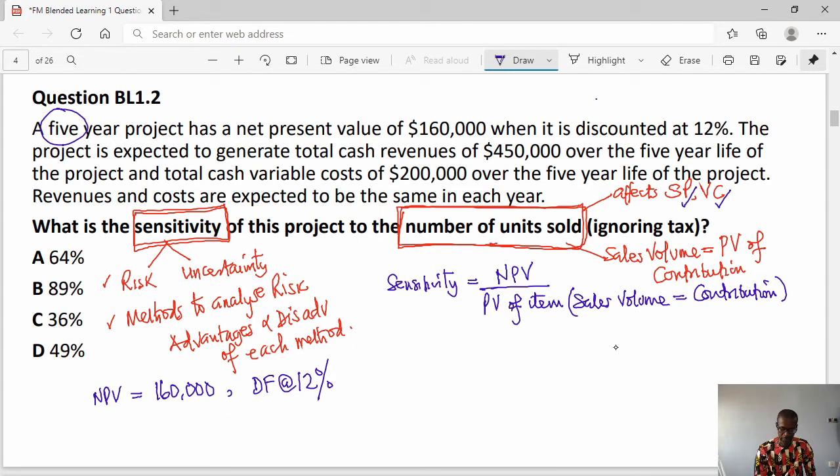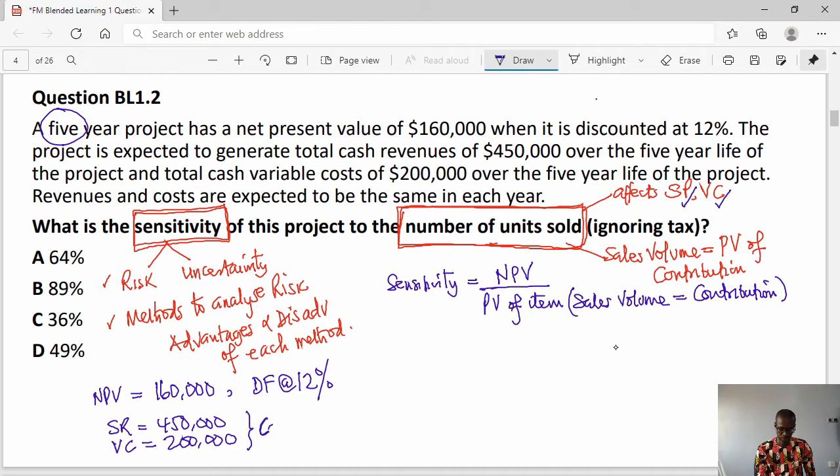Then the project is expected to generate total sales revenue of 450,000 over the 5 years, and a total variable cost of 200,000. But remember, we don't use the sales revenue or the variable cost, but we rather need the contribution.